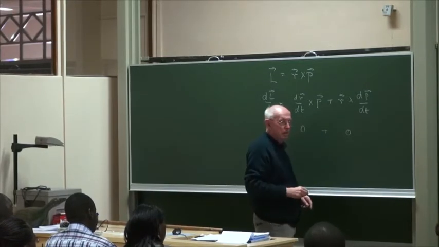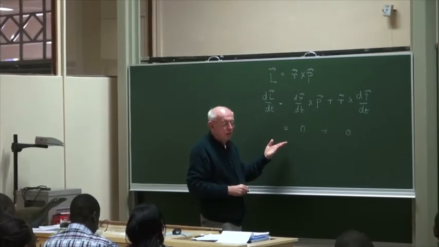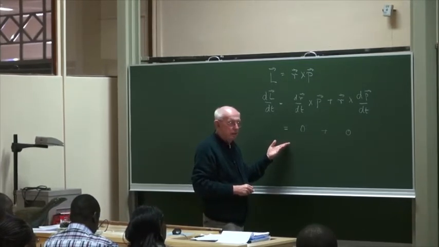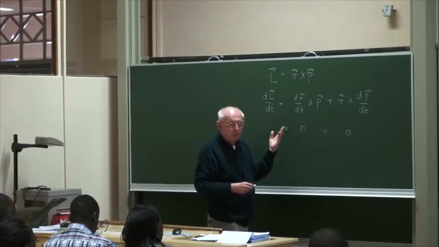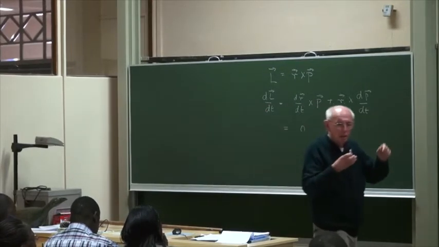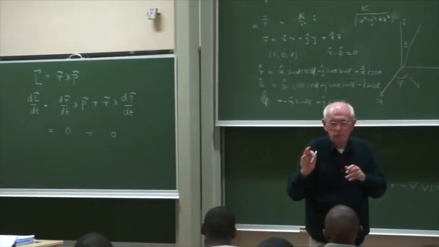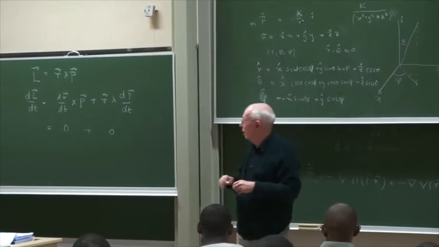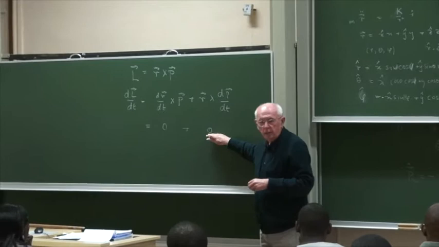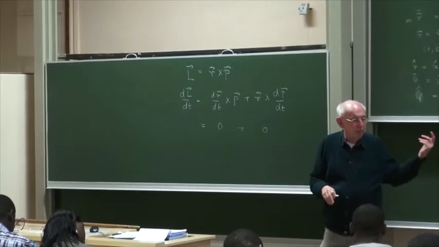So we have here that dL dt is 0 for a force which is in the direction R. Not for any force, but for this specific force. It is 0. And so we can use this in order to solve our problem.